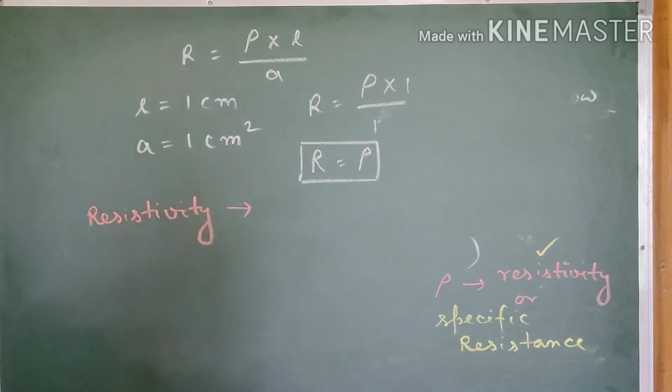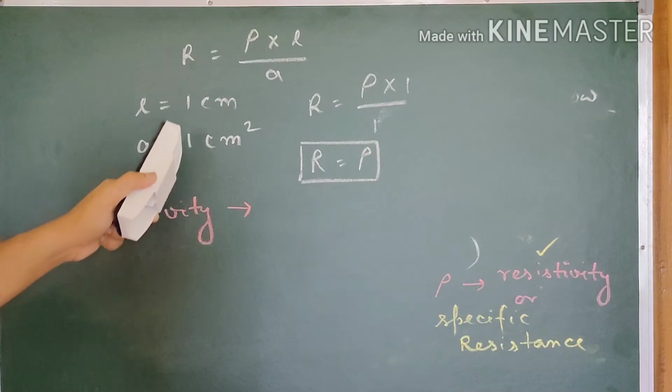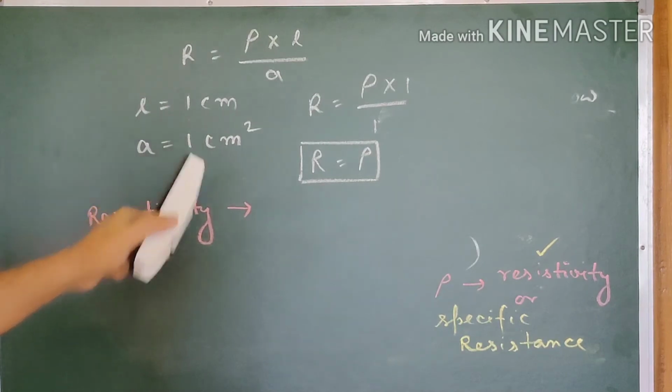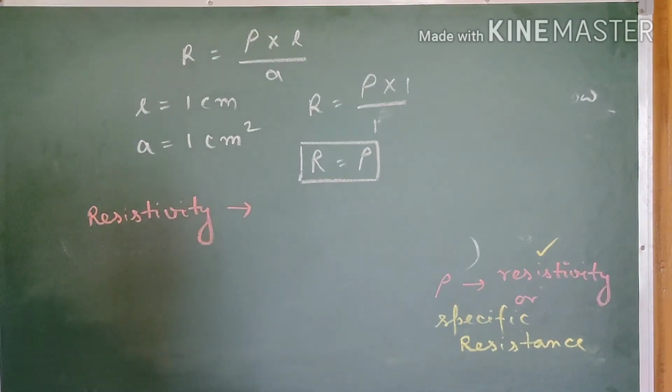We should be defining the resistivity as the resistance of a conductor having 1 centimeter length and 1 centimeter square cross-sectional area.